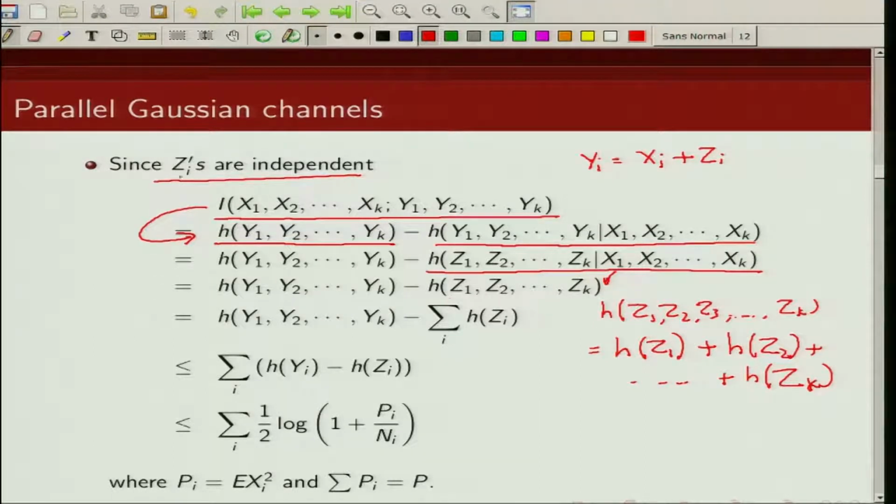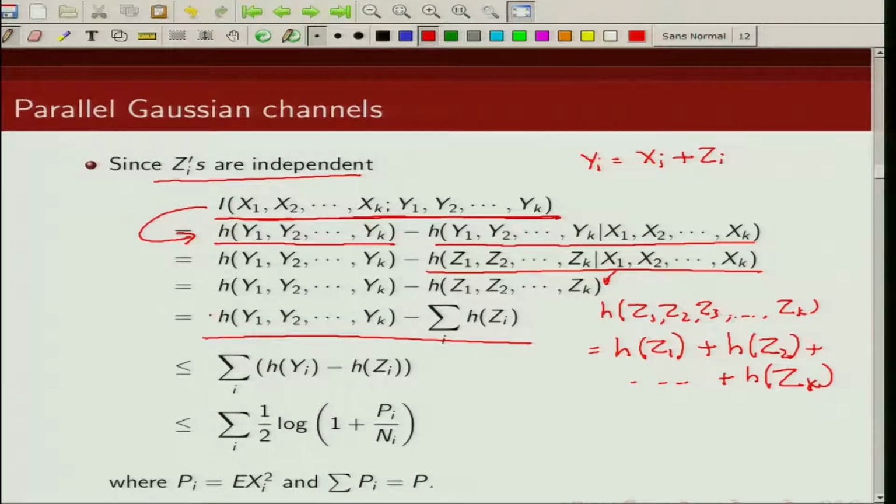This is because the zi's are independent. So the mutual information between x1, x2, x3, xk and y1, y2, y3, yk is given by this expression.